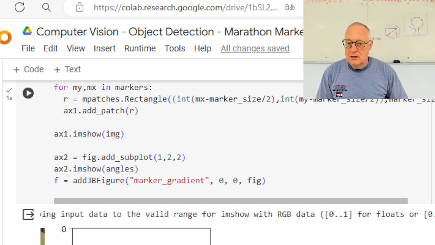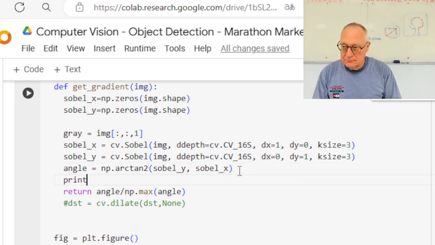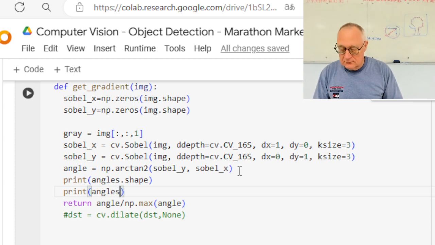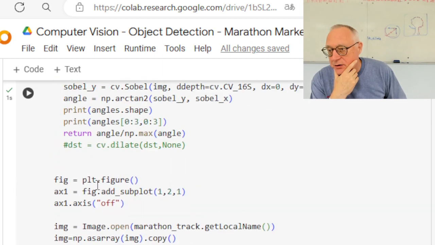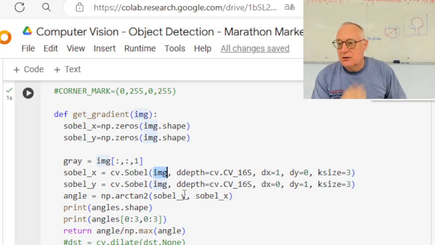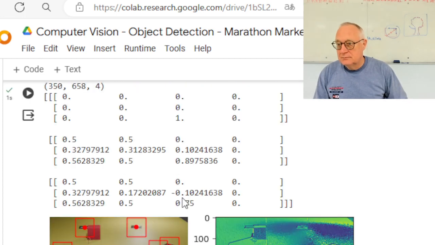Let's see what we get. 350 by 658 by 4. So that means, because I need to apply it to the grayscale image here. Okay, now we have a false color image here.